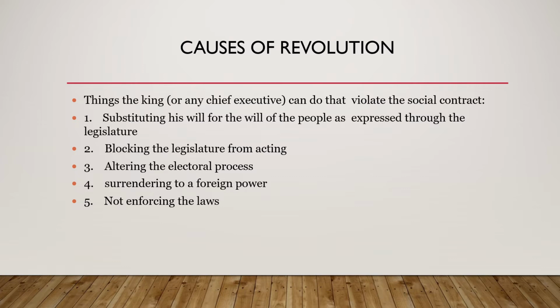And then in general, not doing the job that they were chosen to do or given the power to do, not enforcing the laws. If those things happen, and if they happen in a severe enough way, then those are the kinds of things that Locke says might cause rational people to form a revolution or attempt a revolution.